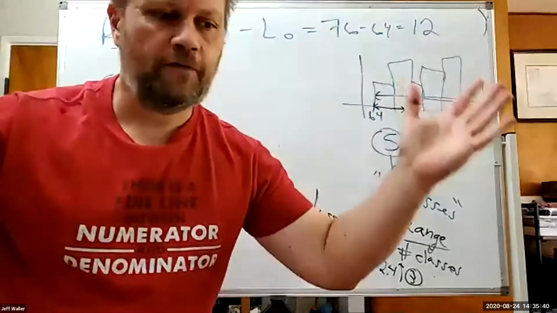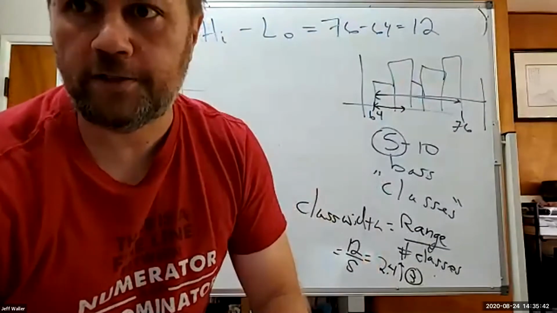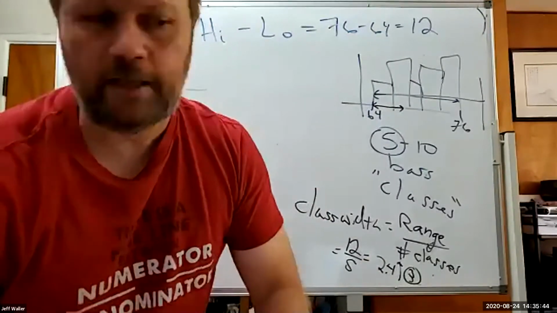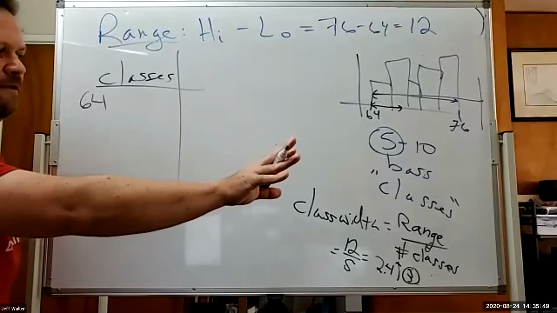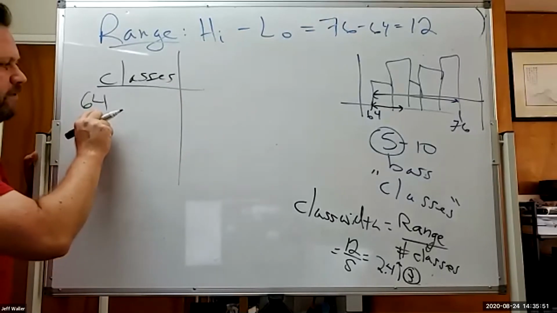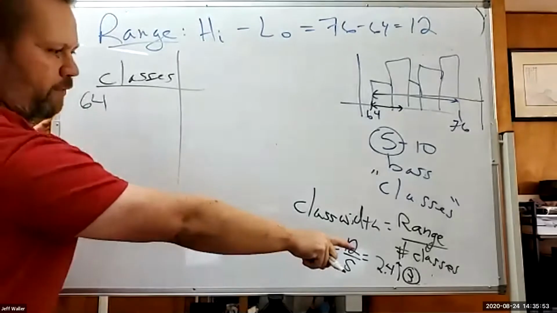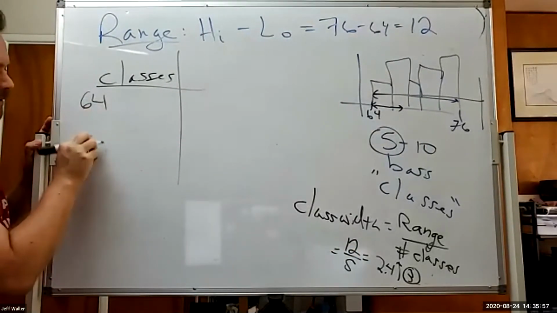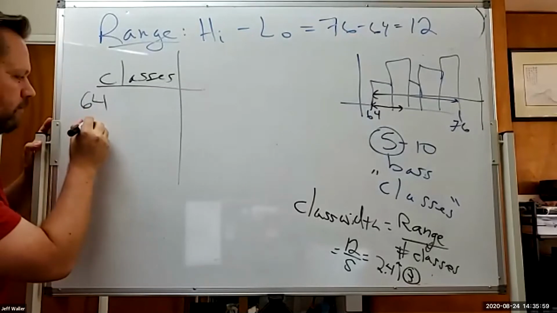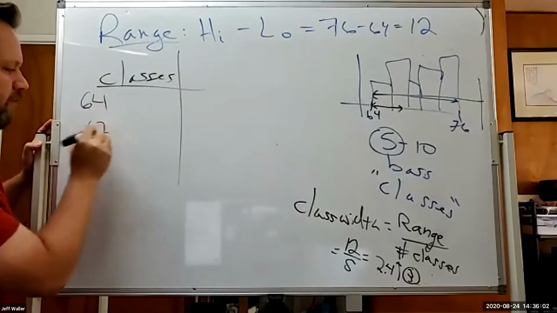But in real life, if you want to, you can start at anything below 64. Now, help me out. If the first class starts at 64 and the width is 3, where should the next class start? 67, yeah.